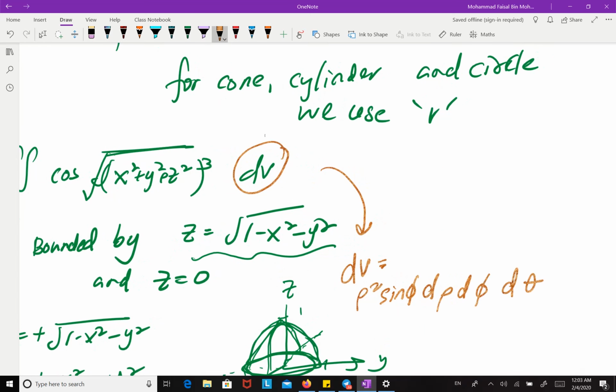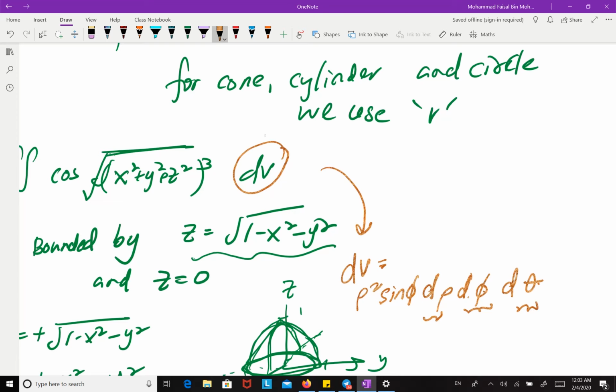Remember, for spherical coordinates, the integral is rho squared sine phi d rho d phi d theta. So you need these limits.